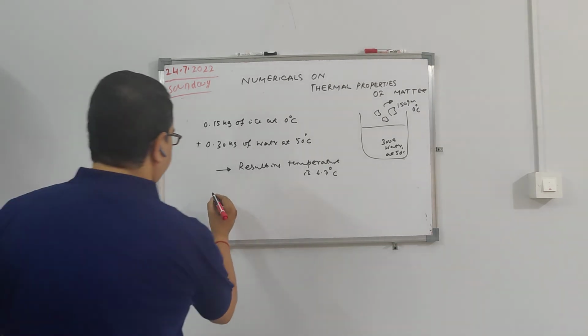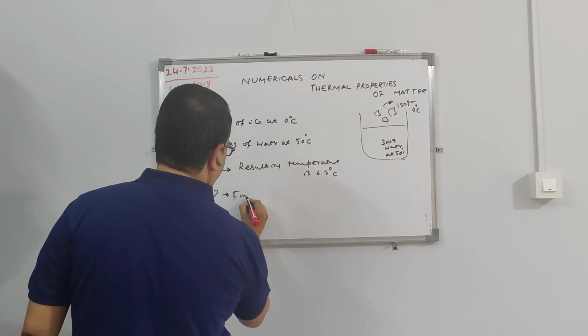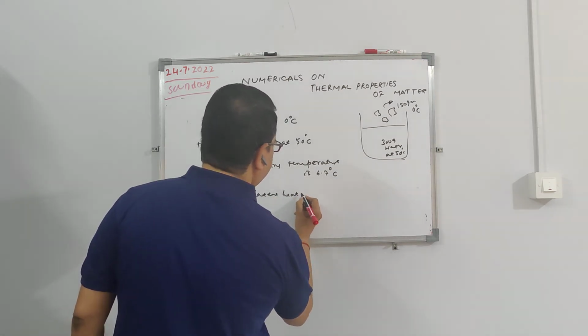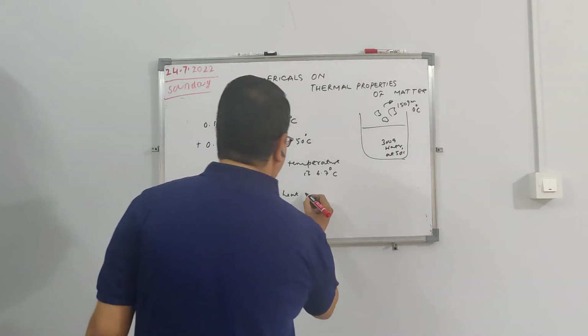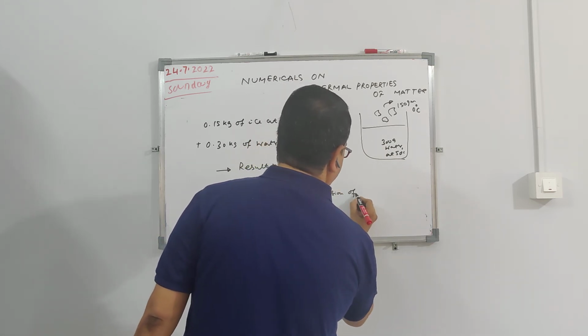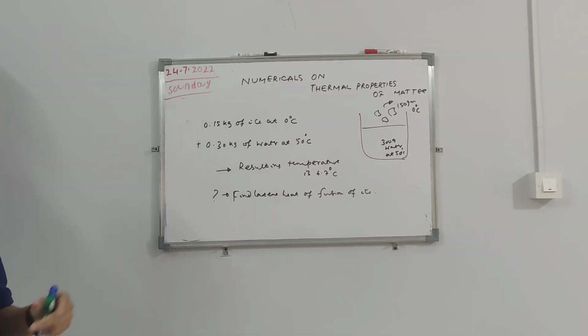So the question is to find the latent heat of fusion of ice. This is kind of an experiment to find the latent heat, which you do in the lab. You have ice of 0.15 kg, but after mixing it with water, it gets converted to water at 6.7 degree centigrade.